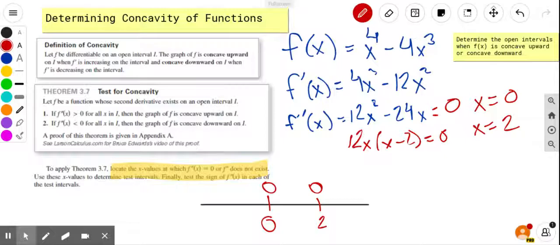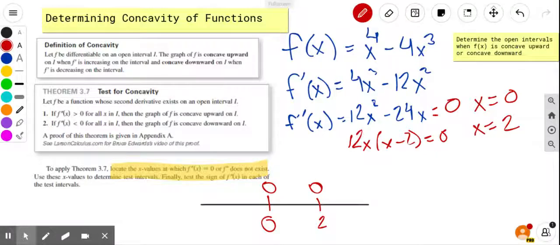No, these are not points of inflection. Points of inflection are similar to this, but they have slightly different conditions. So for now, they're not critical numbers, but they kind of act like critical numbers, except they're dealing with the second derivative. So that's the important distinction. It's the second derivative now.